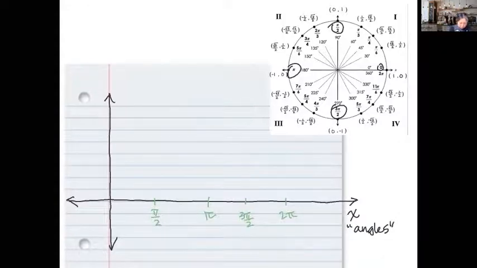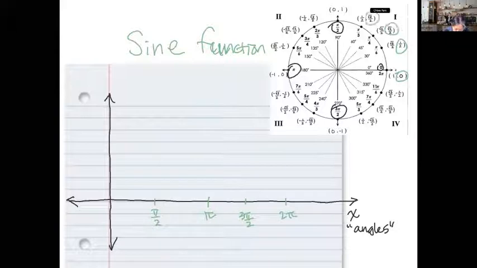Now, what function are we constructing? The sine function graph. So we follow the vertical coordinates out of this unit circle, right?